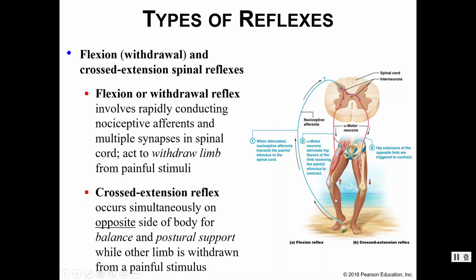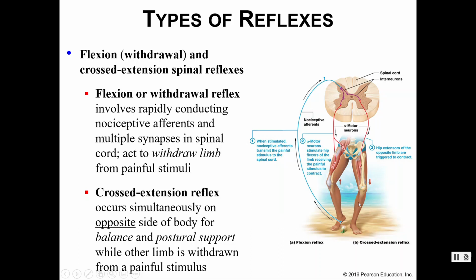No big deal. Now, you might not have really thought about what your other leg was doing, but your other leg is actually also doing a reflex at the exact same time. This is a cross extension reflex. As the leg that is in pain jerks away, your opposite leg has to compensate for that.